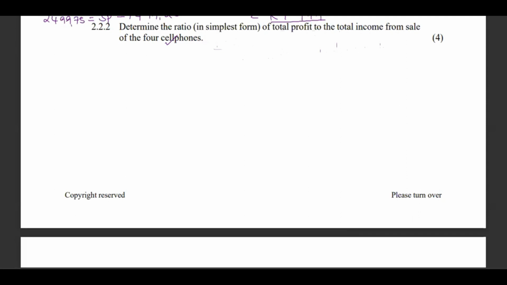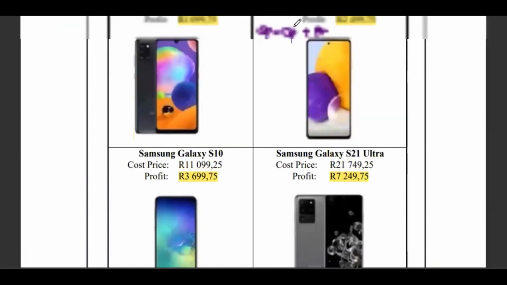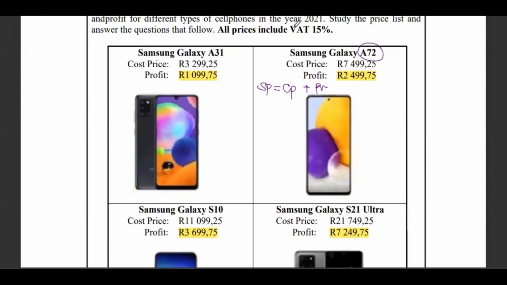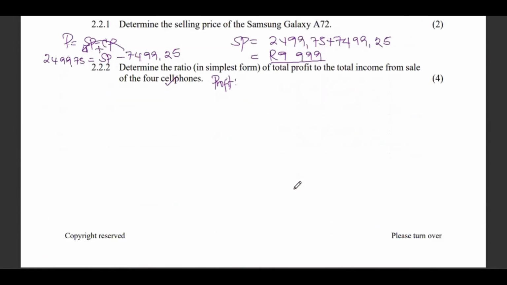What we need to do is get the total profit of all the 4 cell phones, which will be 1,099 rands 75 cents plus 2,499.75 plus 3,699 rands 75 cents plus 4,999 rands 75 cents. These are the profits. So I add all the profits for the 4 phones.